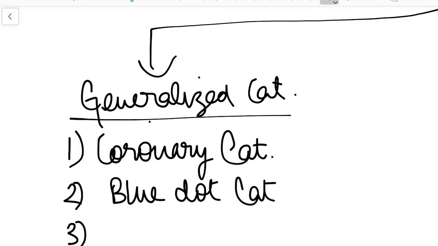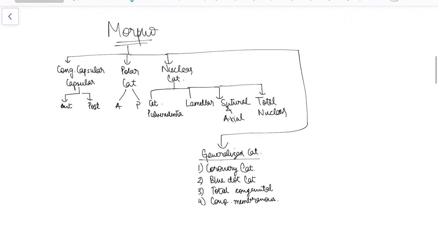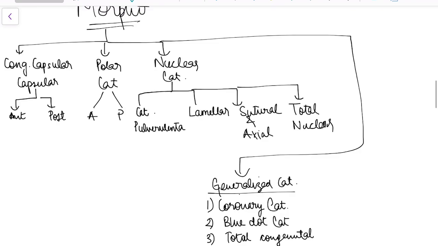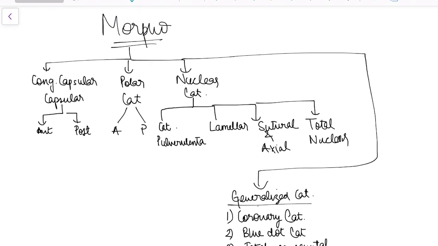Okay, third is total congenital. And the fourth one is congenital membranous. Right? So this is the morphological classification of congenital cataract.